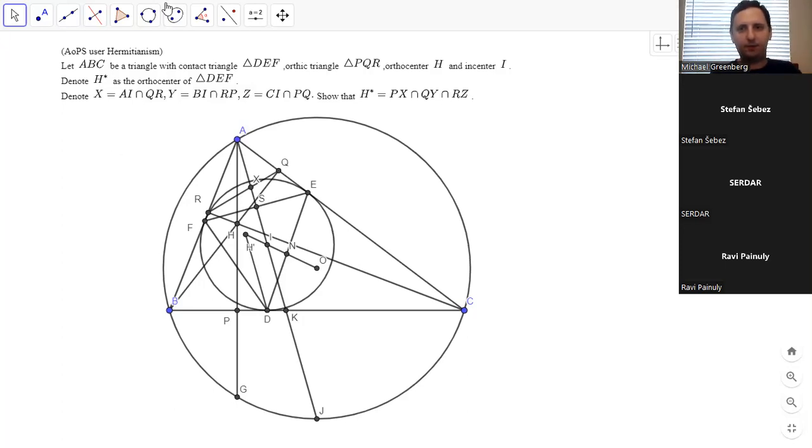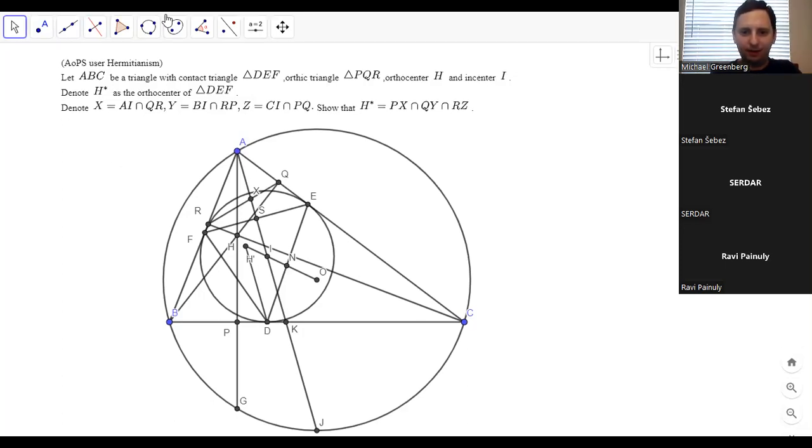Let's see. A, T, X, K is harmonic. And then what would you do once you have that point? Would you project T, X, K? You could project through D maybe?